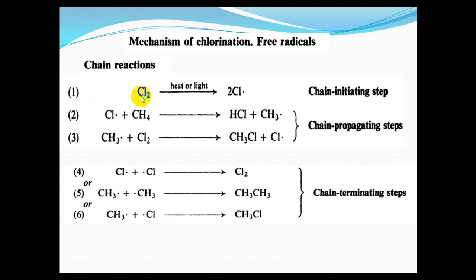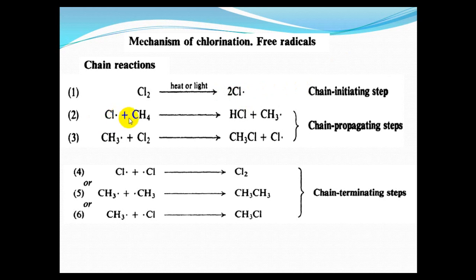For example, if we have a chlorine molecule, by heat or light two free radicals of chlorine can be produced. A free radical, as you know, is an atom carrying one electron, as here.